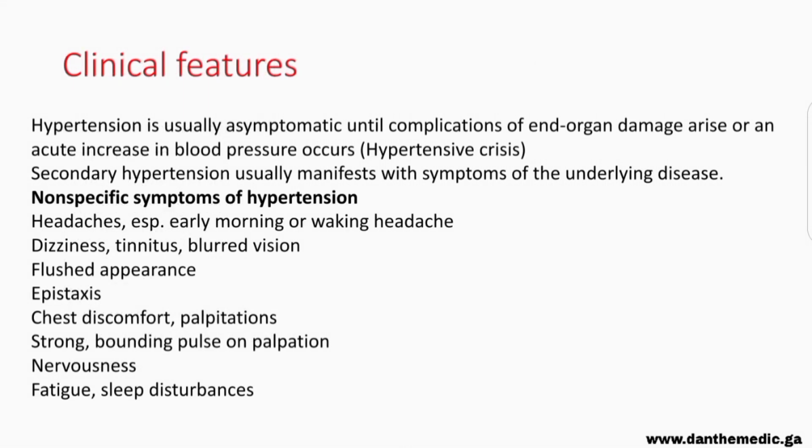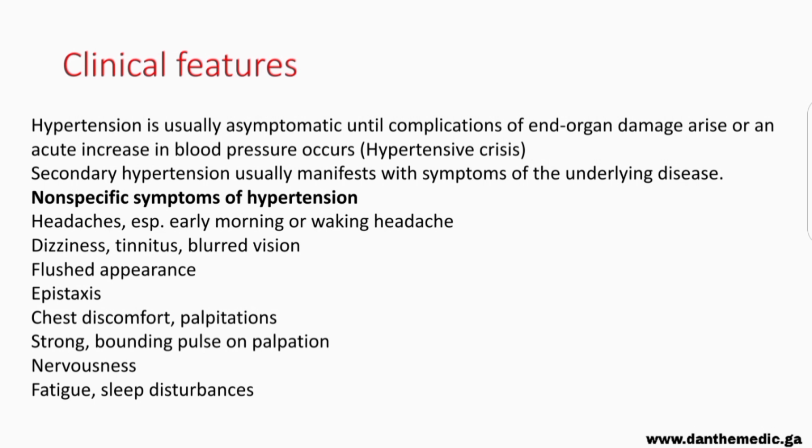In most cases of hypertension, it's usually asymptomatic until we have complications of end organ damage, like for instance in the case of hypertensive crisis. I want to let you guys know more about hypertensive crisis. Hypertensive crisis is when there is an acute increase in blood pressure, and this can be divided into two.